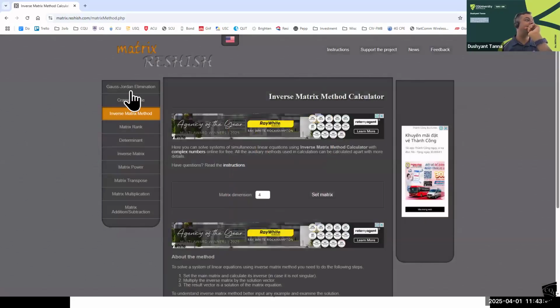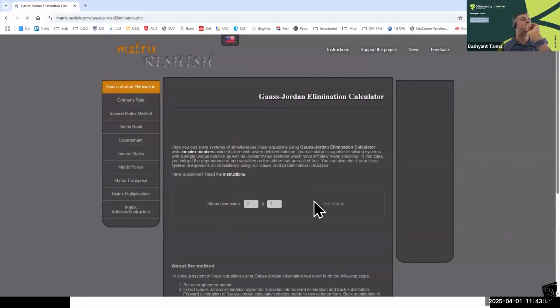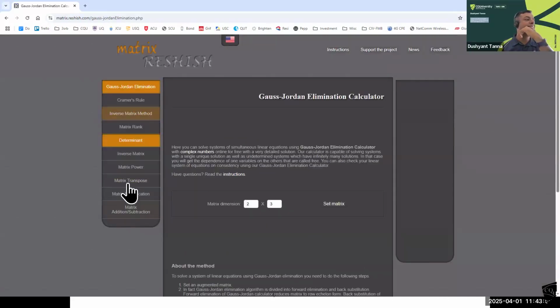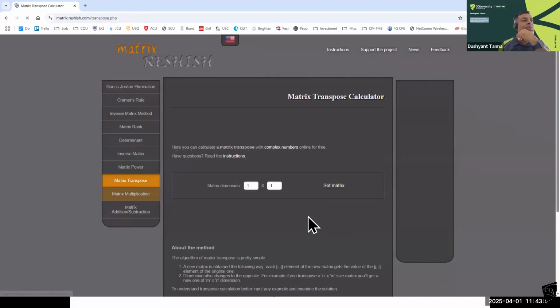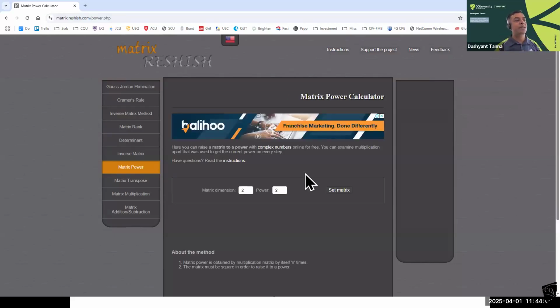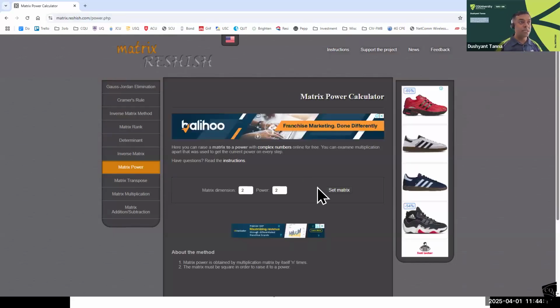It's a very helpful and easy website to use. For matrix transpose, you set the matrix and transpose converts rows into columns. Then you've got matrix power, for example power 3. We'll use it for finding eigenvalues and other stuff, which is beyond the scope of this unit. But yes, it's very helpful. We'll use that.